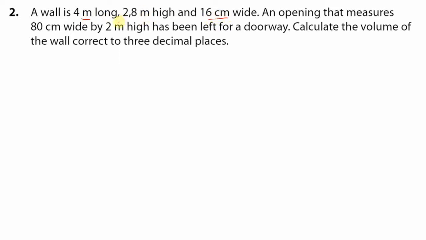So we will have to do something there. An opening that measures 80 centimeter wide by 2 meter high has been left for a doorway. Calculate the volume of the wall correct to 3 decimal places.